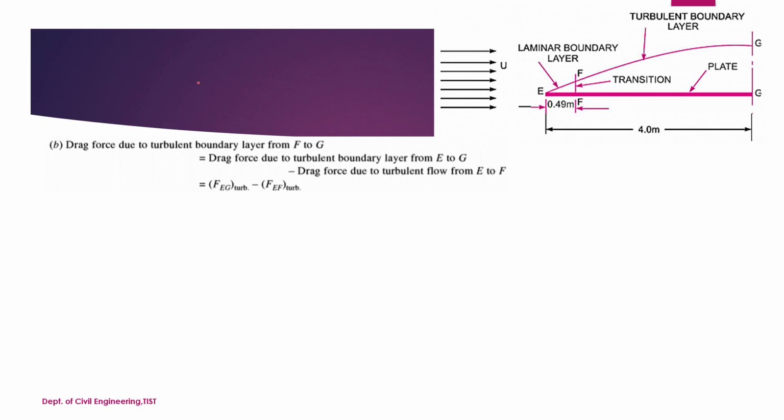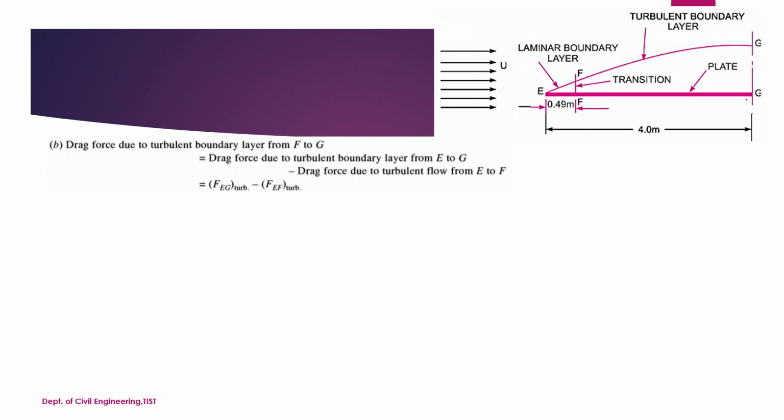We'll take that value. Then we'll find out what is the drag force due to turbulent flow from E to F. In this portion, if it was turbulent boundary layer, then what will be the drag force? That value will be found out. Then we'll subtract this value from this value in order to get the value for FG. Hope you understood what we are doing.